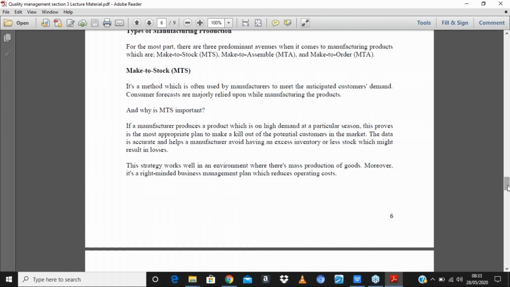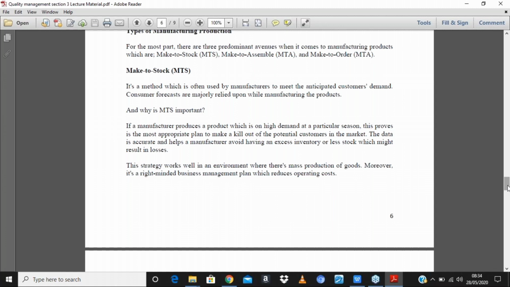If a manufacturer produces a product which is in high demand in a particular season, this proves to be the most appropriate plan to make a killing from the potential customers in the market.